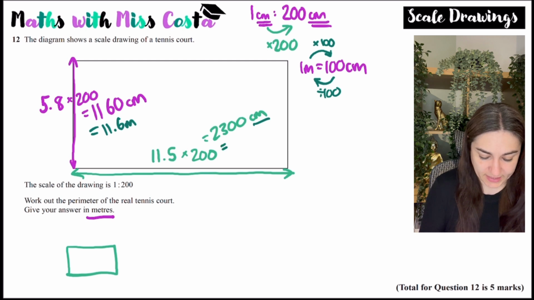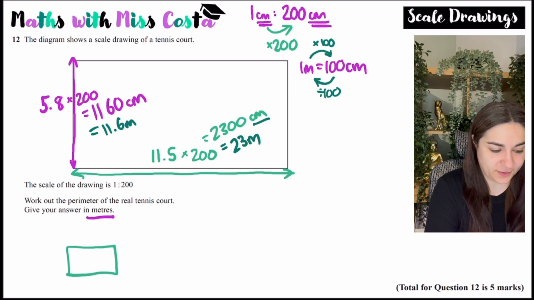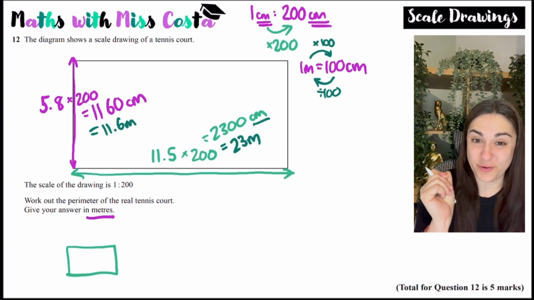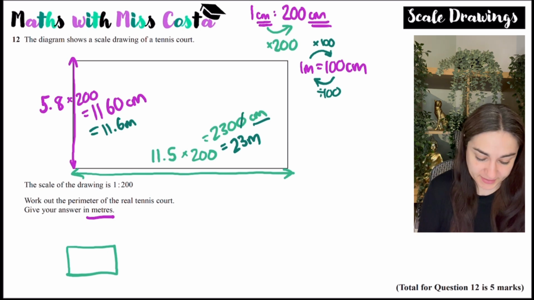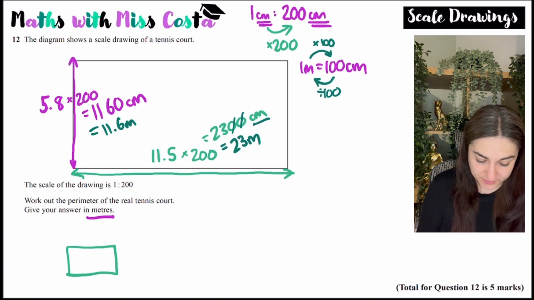And this is going to be 23 metres, so 2,300 divided by 100. The quick way to divide by 100, if your number ends in zeros, is to drop off the 2 zeros, but you've got a calculator anyway, so use it.